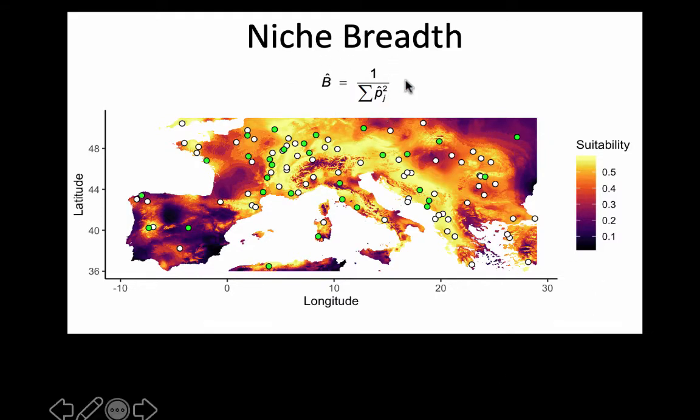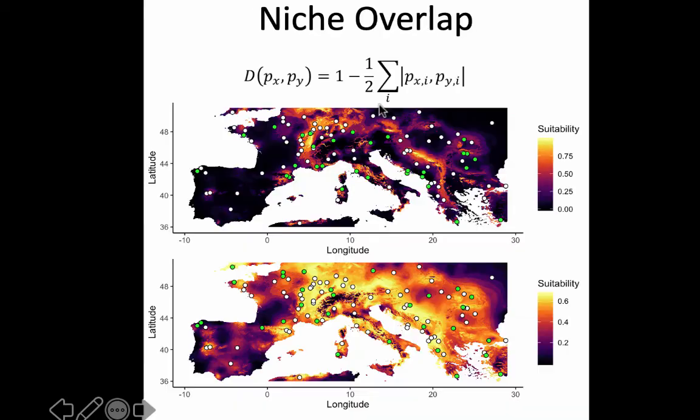So this is one of those Levins' niche breadth metrics. 1 over the sum of squared probabilities, basically. Or this is the expected frequency of observing it in a particular habitat patch. But that is essentially the same thing. Which means if we want these niche breadth metrics to be accurate, we need well-calibrated models, not models with good discrimination accuracy.